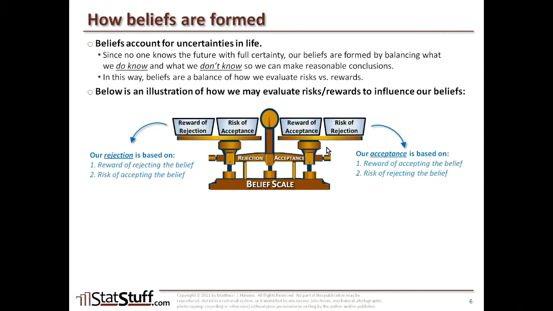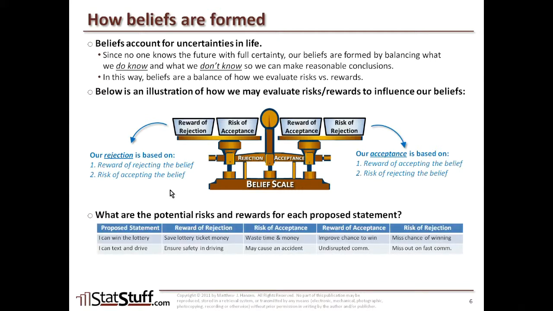So based off of this balance, let's walk through a couple of examples. So we might ask ourselves, what are the potential risks and rewards using these following statements? Let's first say that we have a proposed statement, I can win the lottery. So we need to decide in ourselves, are we going to believe this statement or not? Am I going to reject this statement or accept this first statement, believing that we can win the lottery? Well, what's the reward of rejecting it?